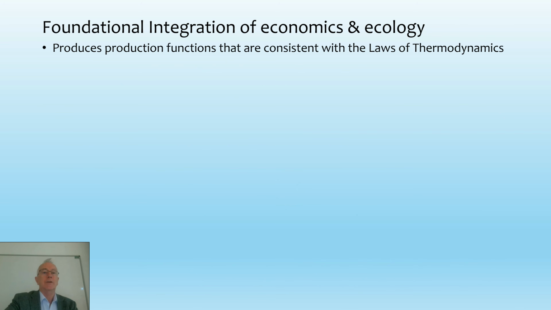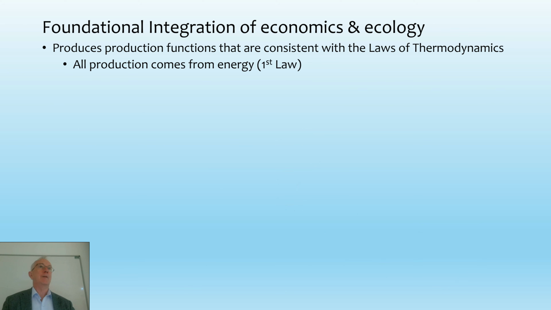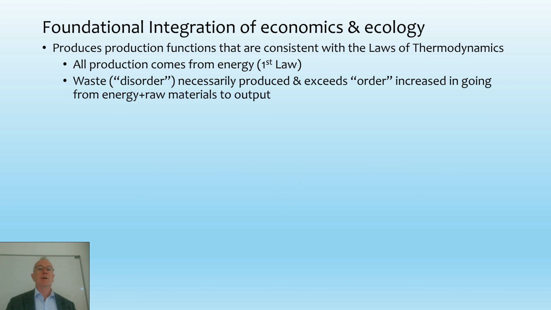And we also have a necessary link between energy and waste, which is left out completely of economic theory. It's not an externality. Waste is a necessity. Okay? You cannot have production without waste. Calling it an externality is nonsense. It's not understanding the laws of thermodynamics. So waste is necessarily produced because of the second law of thermodynamics.